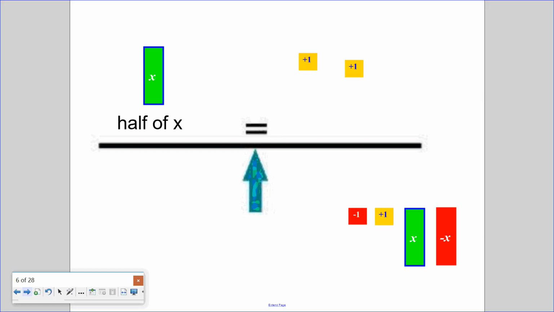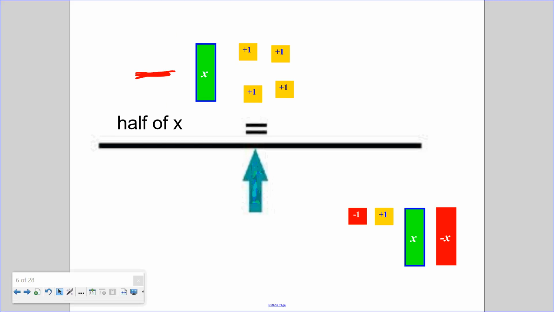Next one. Let's try division now. Half of x. So imagine this is cut in half. Half x equals positive 2. So half of an x is equal to positive 2. Well, if half of x is equal to positive 2, the other half also equals positive 2. So a full x is equal to 4.